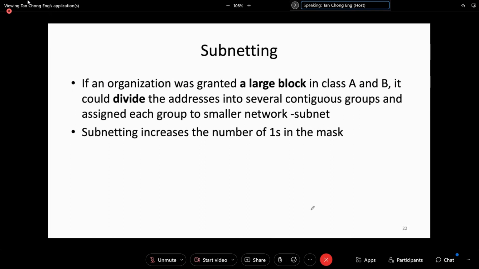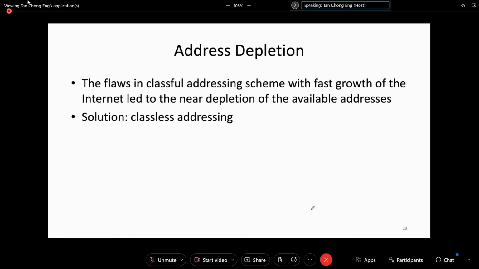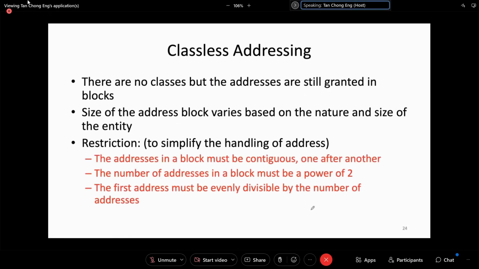But Class A has fewer networks, 126 networks, but each network can go up to 16 million hosts. So this is actually the difference. We have an issue of address depletion. That's why people use classless addressing to solve the problem.